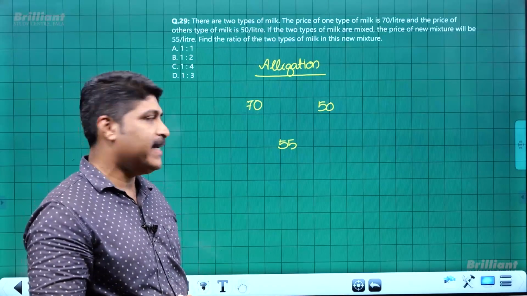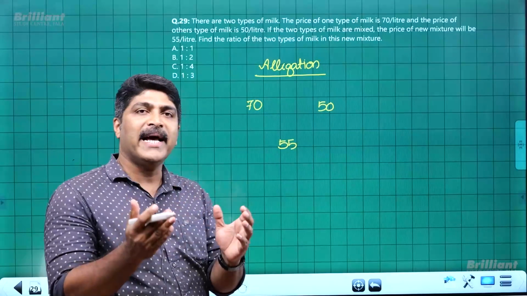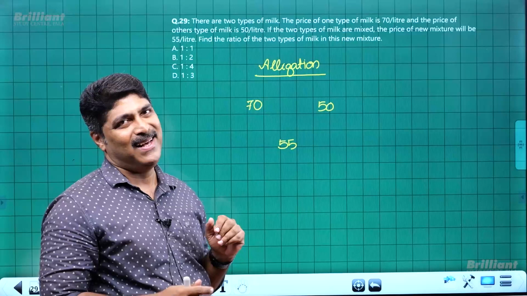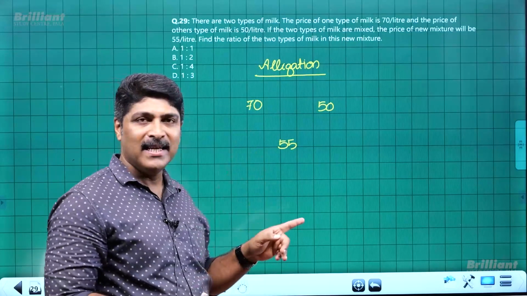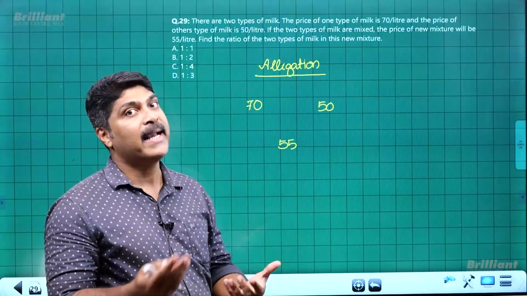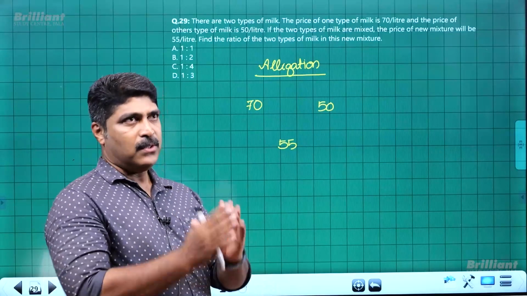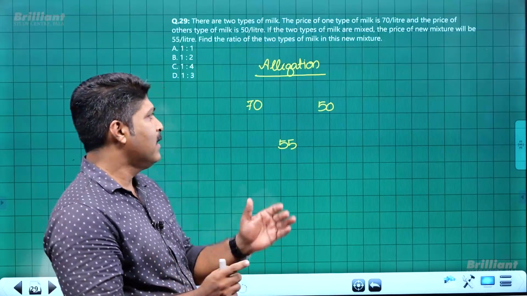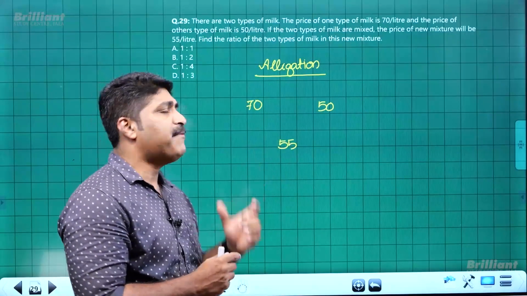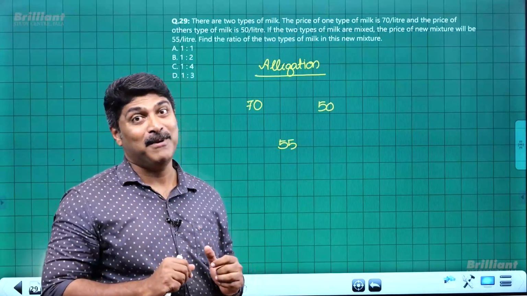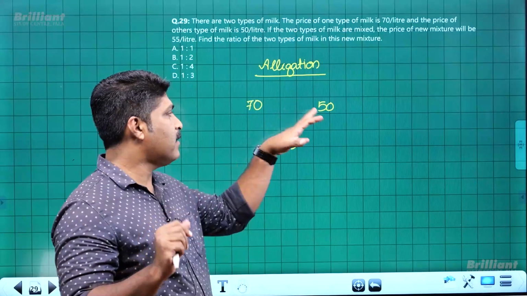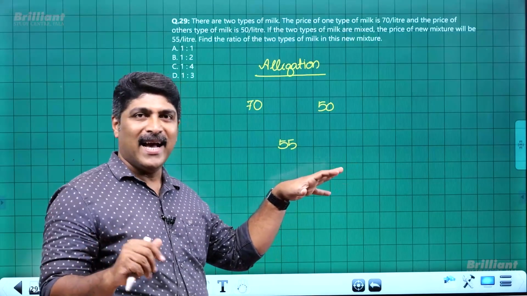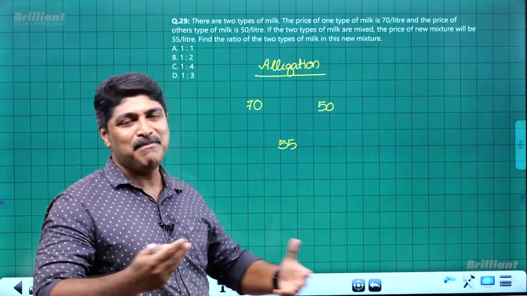The interesting point here is that this 55 should lie between 50 and 70. Look, 55 is greater than 50 but less than 70. That's the basic idea of average in any kind of average. Suppose this average price is rupees 60. Practically, think about one variety costing rupees 50 per liter and the other costing rupees 70 per liter.